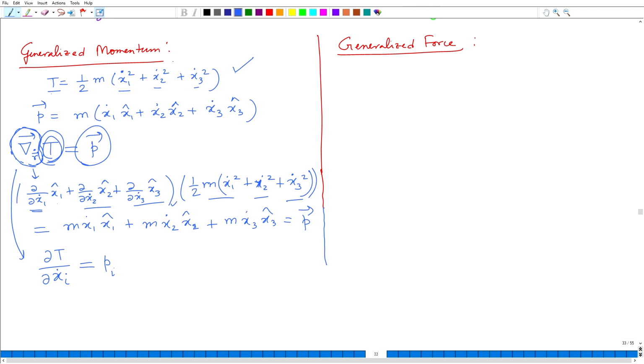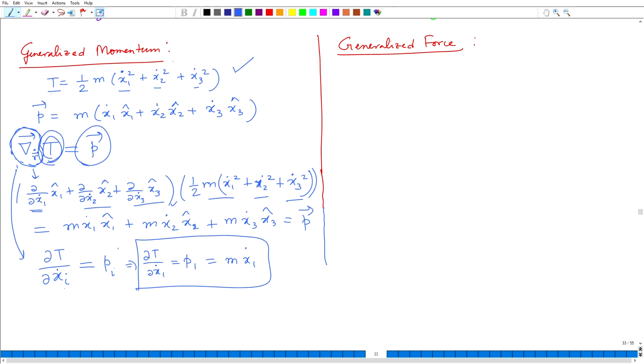This is exactly the same thing I am writing here. That means, if i is 1, you have del T/del x1 dot equal to p1, and p1 is nothing but m x1 dot. You can also do this for i equal to 2 and 3.